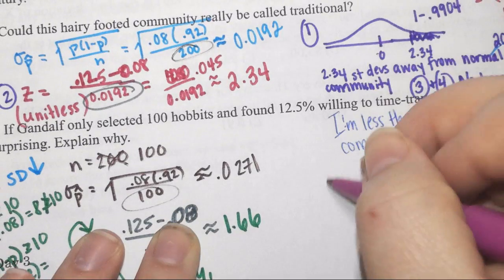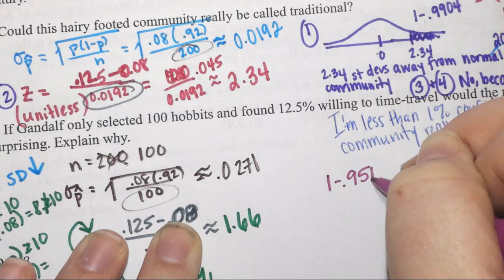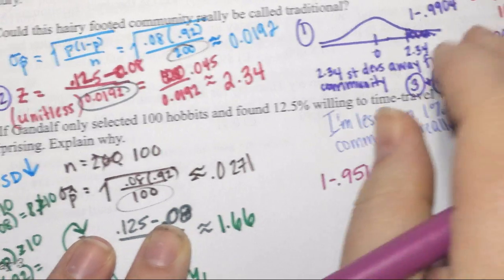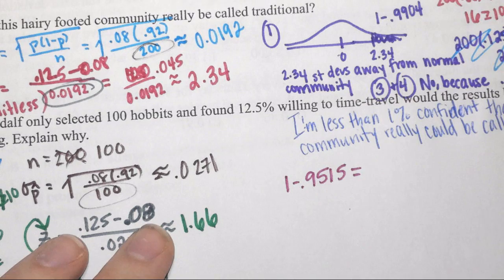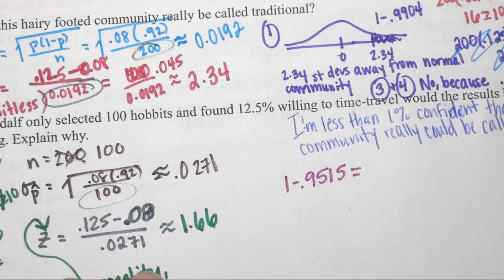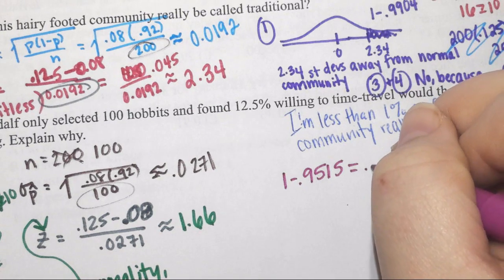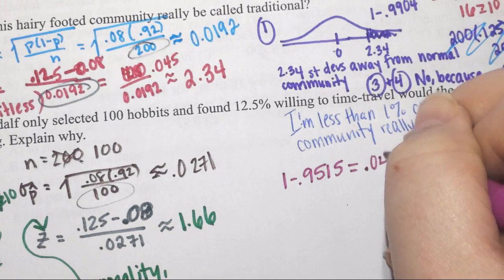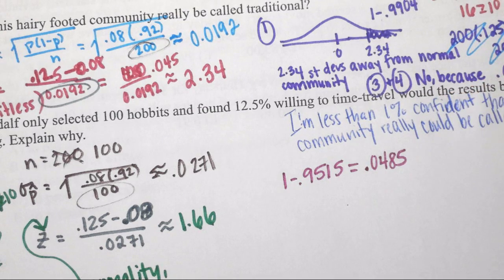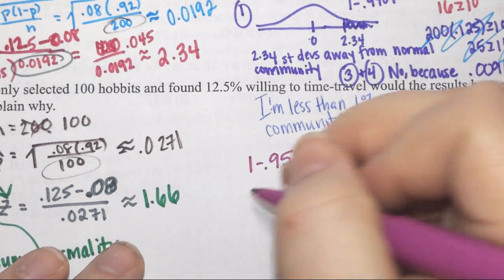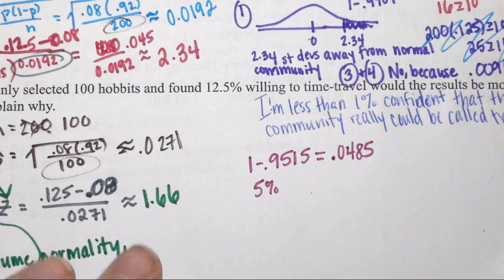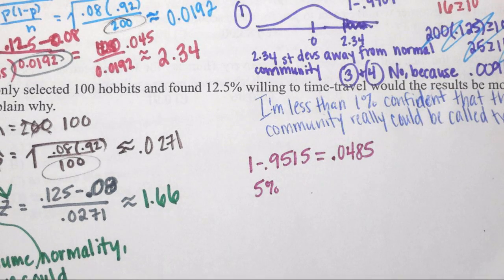So 1 minus 0.9515, and if I did that, I get 0.0485. And so I'm going to say that's almost 5%, right? So I'm a little more confident. So 5% confident that this is a traditional community.